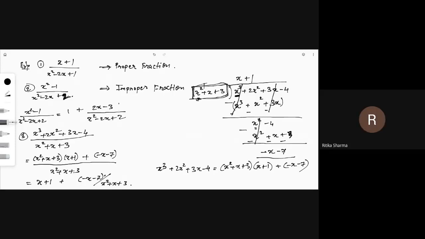So can you explain it again? That second last step. This step, this one, that x square plus x plus 3.